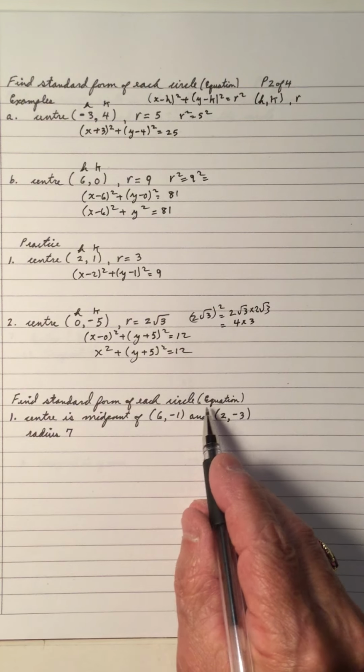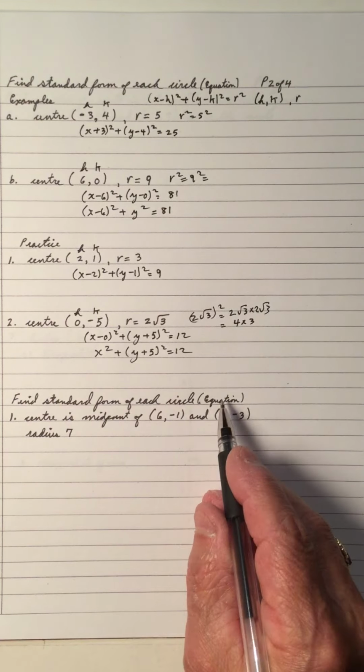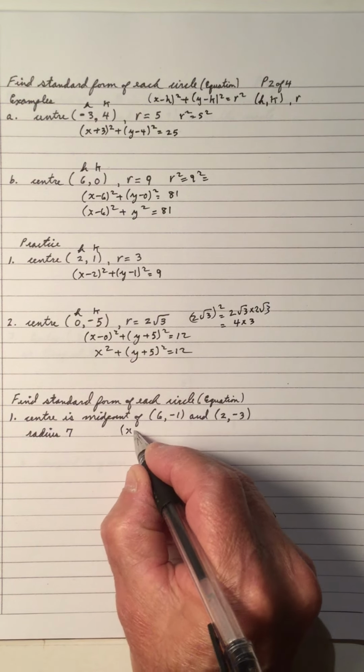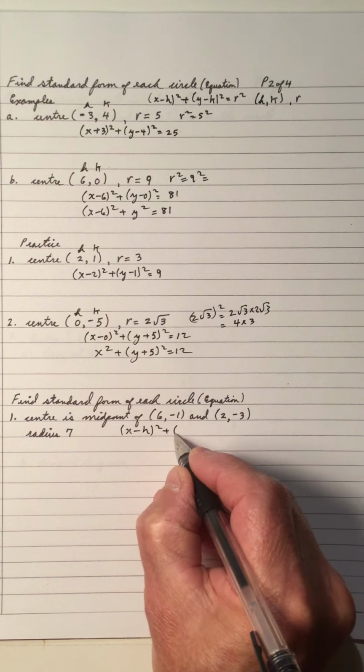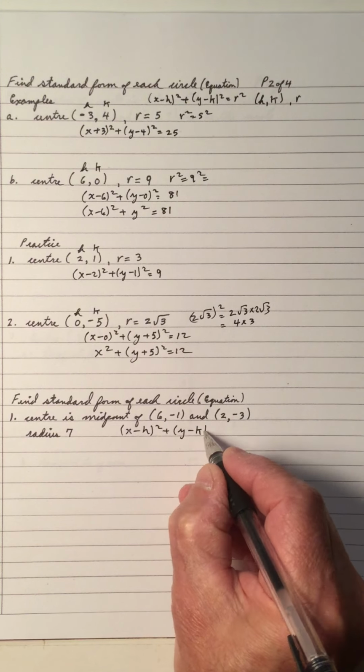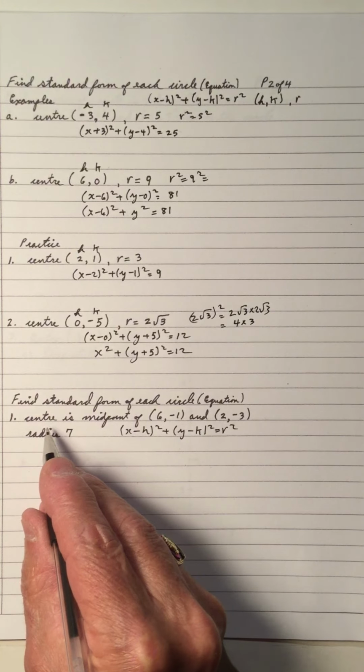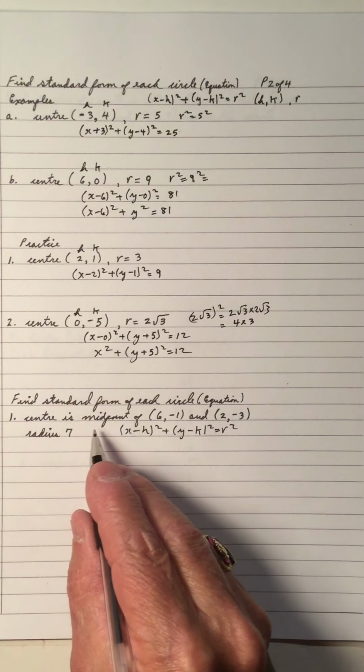Find the standard form of each circle. That's the find the equation, that is. So the equation is, again, just to remind you, x minus h all squared, y minus k all squared equals r squared. So the center is the midpoint.